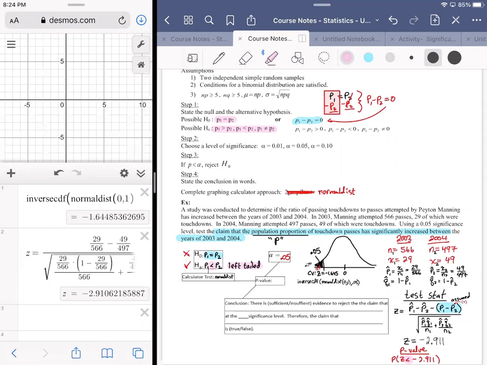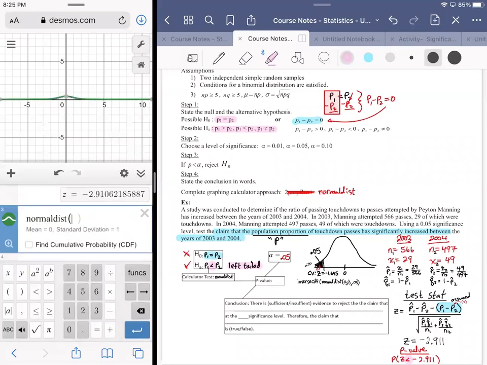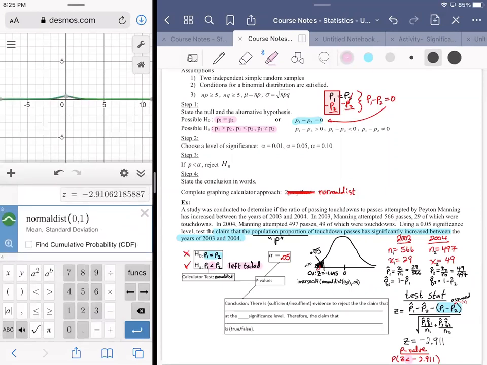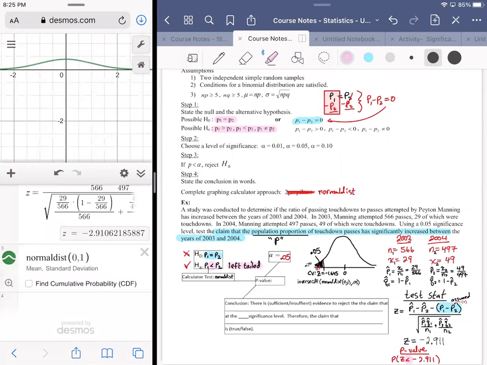All right. So what we do is we use normal distribution with a 0, 1. All right, that'll create the normal distribution, as you probably would have expected. And what we do is we max out the graph at whatever we came up with for z.